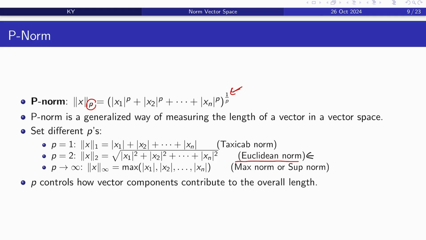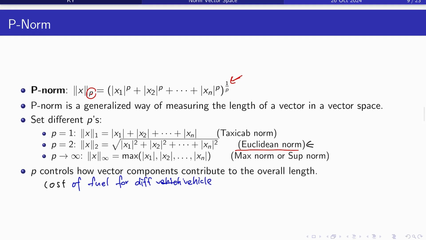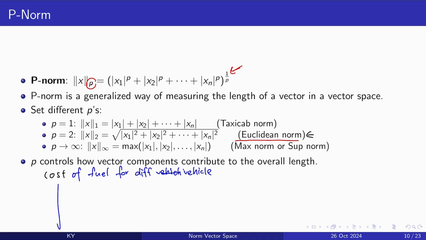So let me give you an example of what kind of situation we'll be using this. Let's say that we want to calculate the cost of fuel for different vehicles. Let's say you're going to send an Amazon package from this position to this position, 3, 4, right here, and you're going to use a truck.